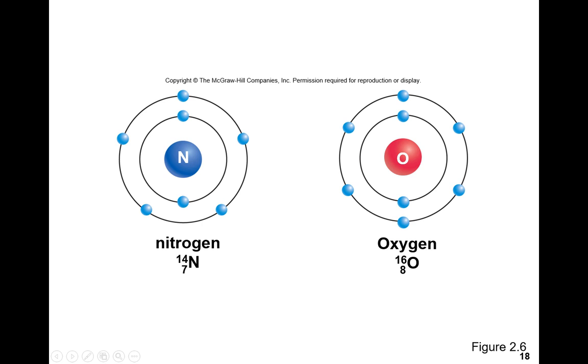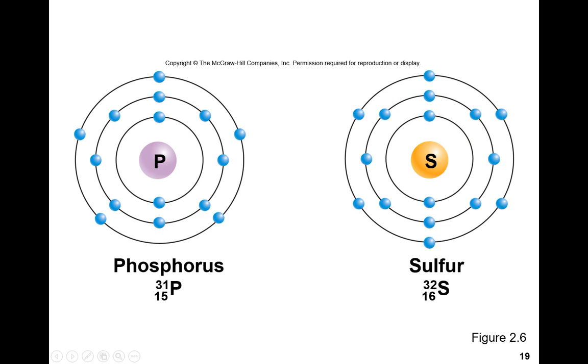With nitrogen, you can see that if we have 7 protons, the atomic number, and we're fitting in 7 electrons, you have 2 in the first orbital, 5 in the second, and so on. With oxygen, we have 8: 2 in the first, 6 in the second.